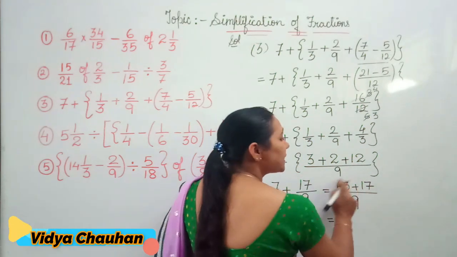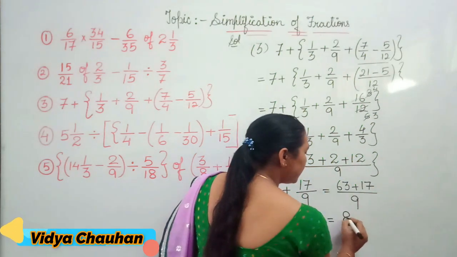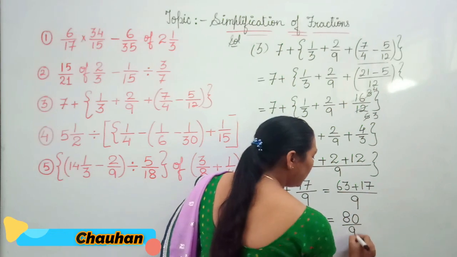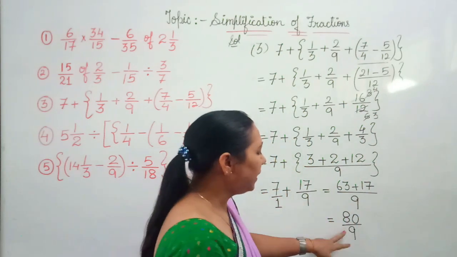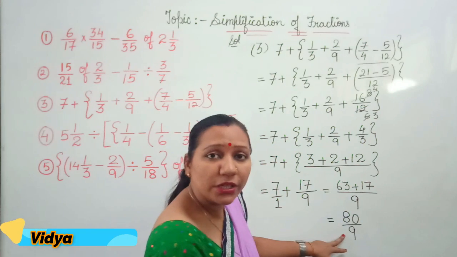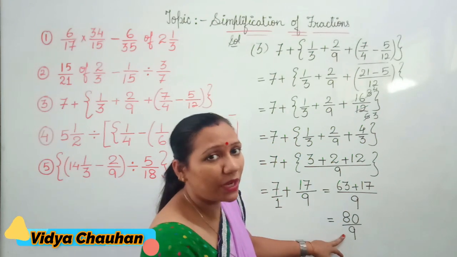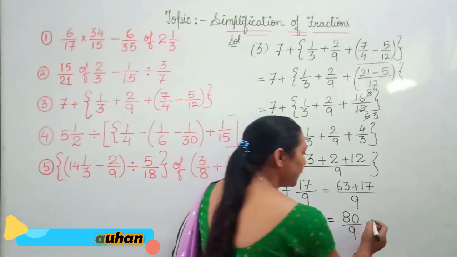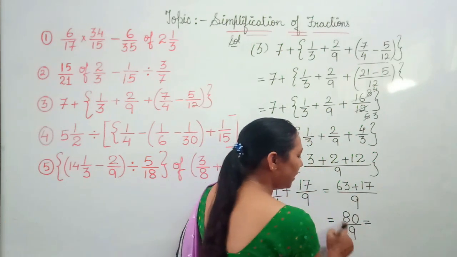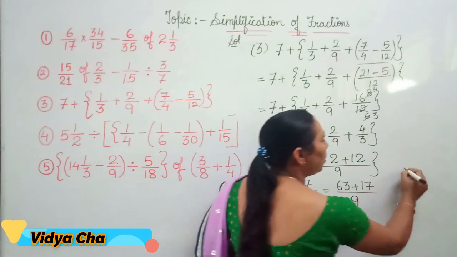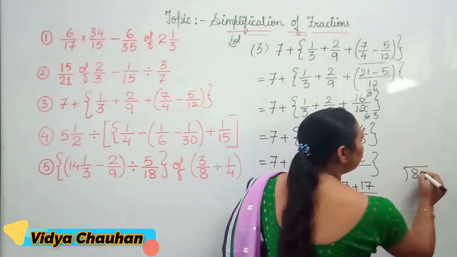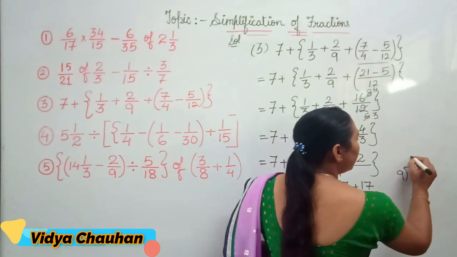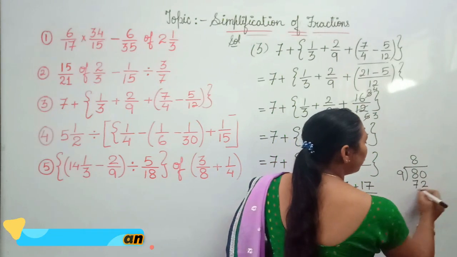So what is the sum of 63 and 17? It is 80 upon 9. Can you see what kind of fraction 80 upon 9 is? It is an improper fraction, and we have to convert it into a mixed fraction. Converting it, I simply divide this term by 9. 9 8s are 72.